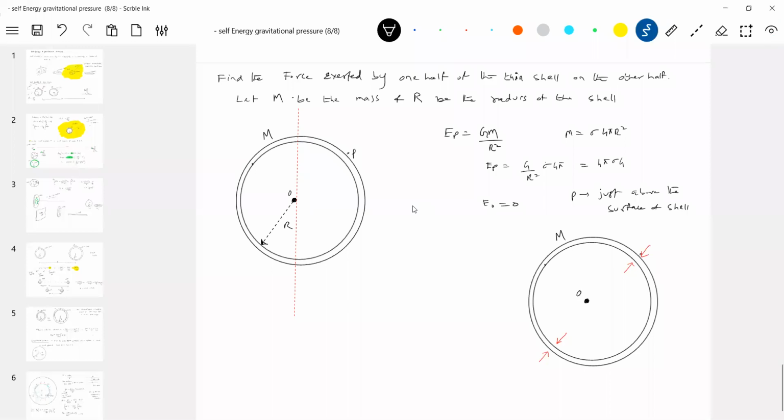There's a point O and this was the point P. Let me call the surfaces 1, 2, 3, 4. What is the field due to a large sheet? E1 equals E2, E3 equals E4, which should be equal to 2 pi G sigma.